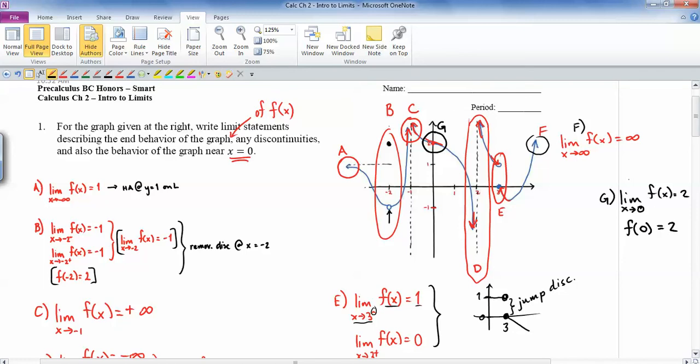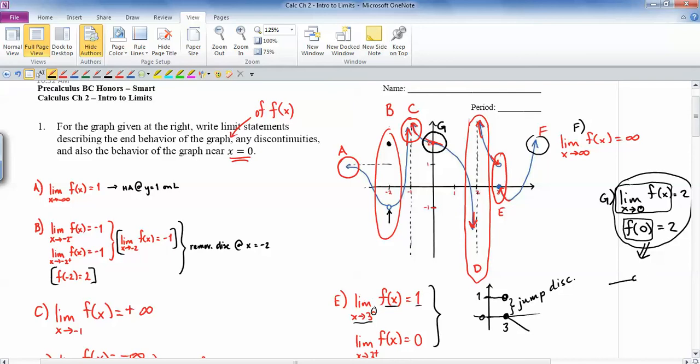And so when you have this information, if the limit at a location for x equals the actual function value, then you're going to get a nice continuous function at that point. Another way of thinking about it: the limit as x goes to 0 of f of x equals 2.